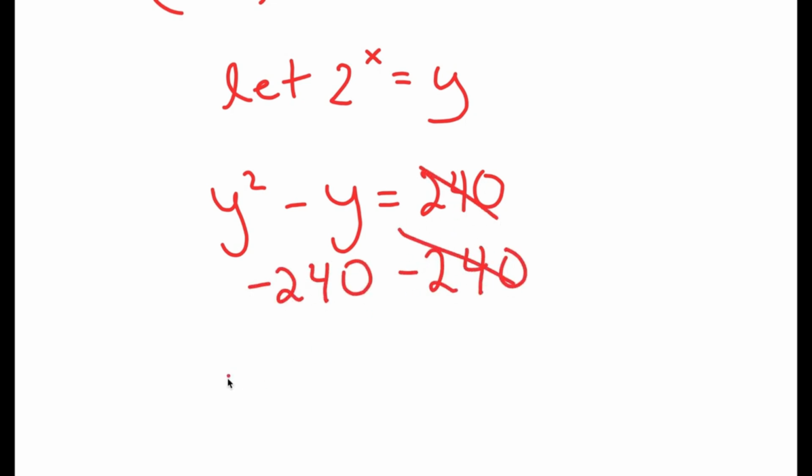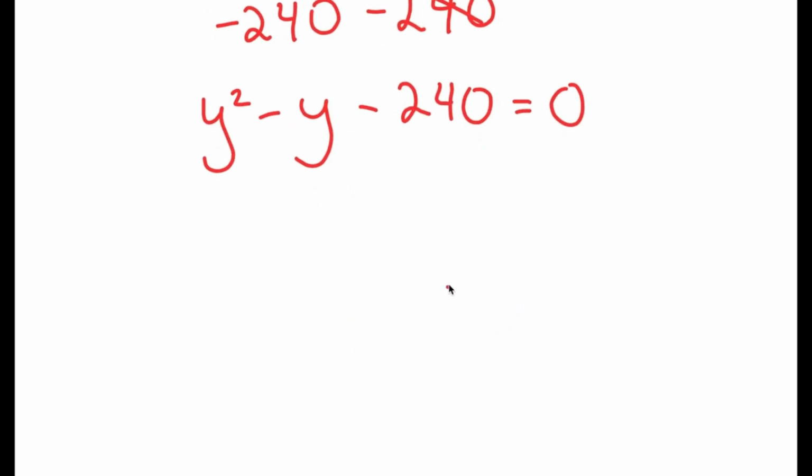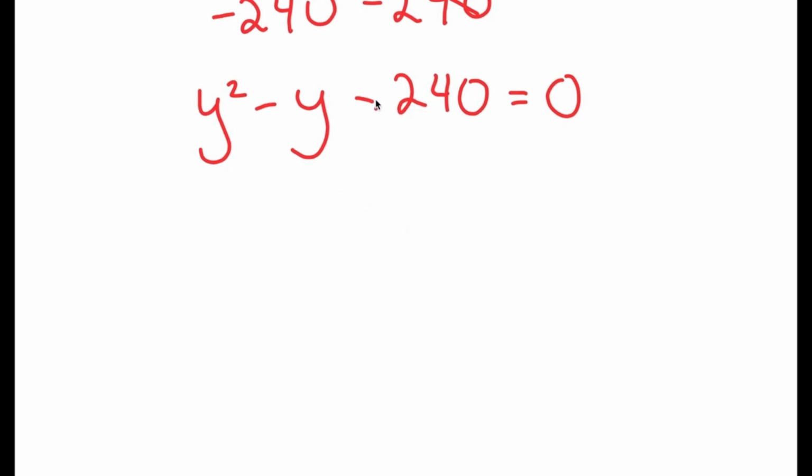So these two cancel out and I get y squared minus y minus 240 is equal to 0. So what I have here is a quadratic equation, and to find the solutions of this quadratic equation, I can use the quadratic formula.